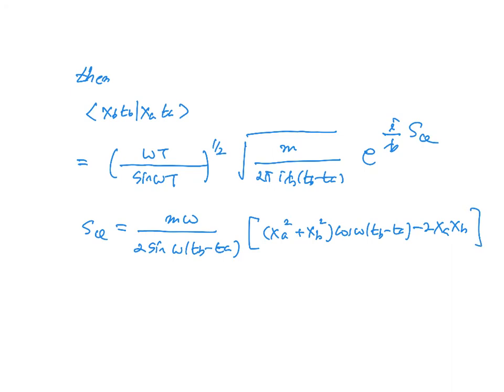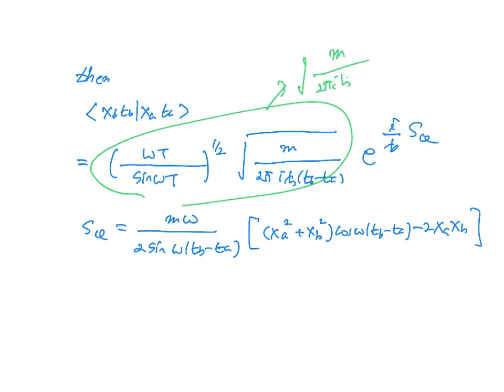The interesting thing is that this whole prefactor becomes square root of m over 2 pi i h bar (tb minus ta) as omega goes to 0.